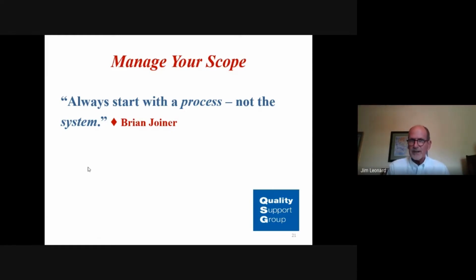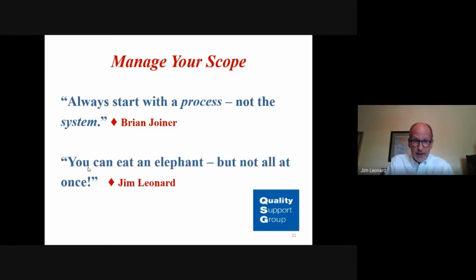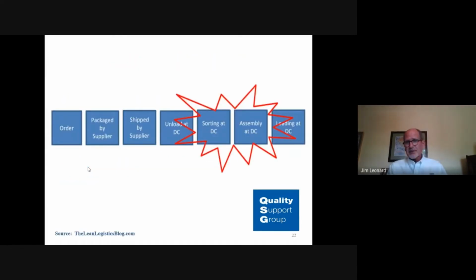Manage your scope, so that you're not overwhelming people or getting people bogged down or breaking their hearts at the outset. Because you can't eat that elephant. You can't eat that distribution system all at once. So here's an example, more of a process. We send an order out to a supplier. They package it, they ship it, we receive and unload it.